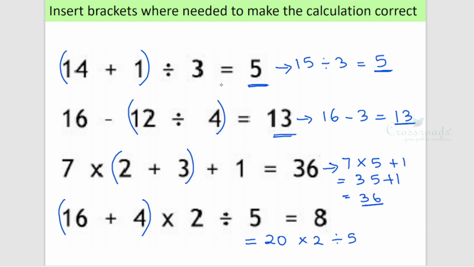That is equal to 20 into 2, because first multiplication has come from the left side if you're solving. So we do the multiplication part, 20 into 2 is nothing but 40. 40 divided by 5, the answer is 8, which is what is needed. I hope this is clear for everyone.